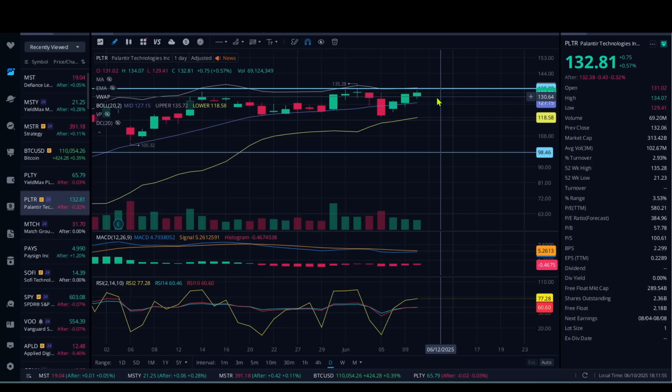So I know we did talk about PLTR yesterday, and like I said, with the moves it was making yesterday, I just wanted to check it out for today myself, as it has been moving up for the last couple of days, and today had another nice move up. But I am still wondering if we can get enough move up to break past this resistance line here at that 135.28.